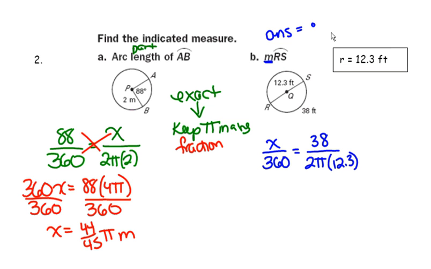Now, degrees do not have pi in the answer. Okay, so no pi. Degrees are always to the nearest whole degree.